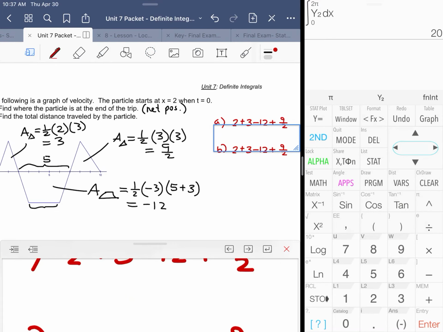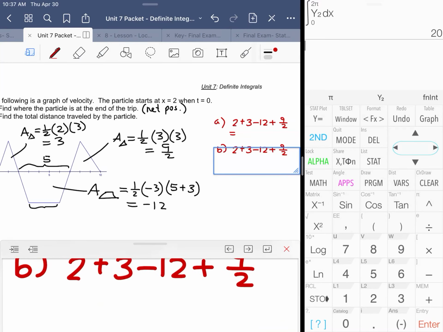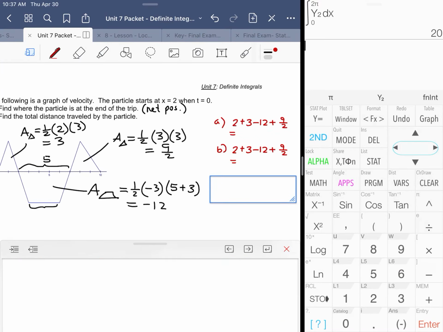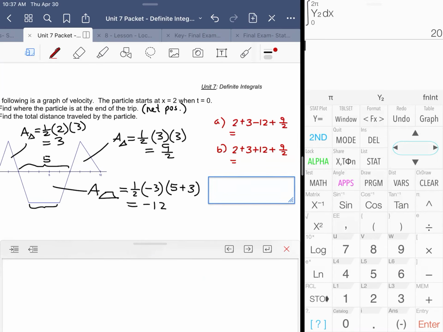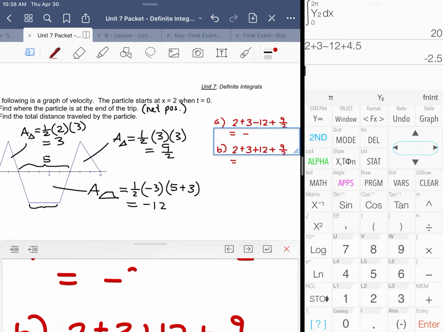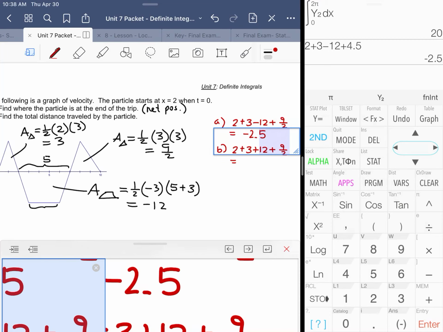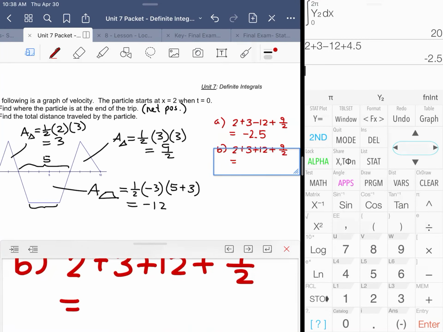And for B, same stuff, except -12 becomes +12. Oh, and I never made it positive, so there we are. Now just crunch those numbers and we're good. So 2 plus 3 minus 12 plus, I'm going to write it as 4.5, so -2.5.